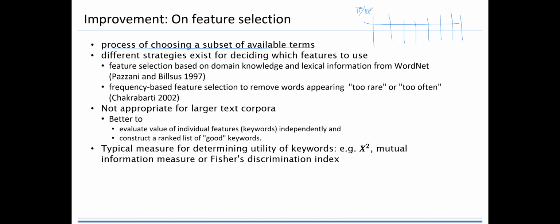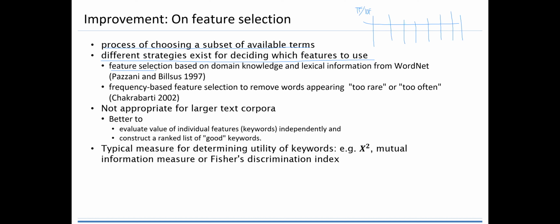Let's suppose we have the TF-IDF and the keywords are so many, and we can select among them. How can we select? We can have some kind of strategy to decide which features to use.